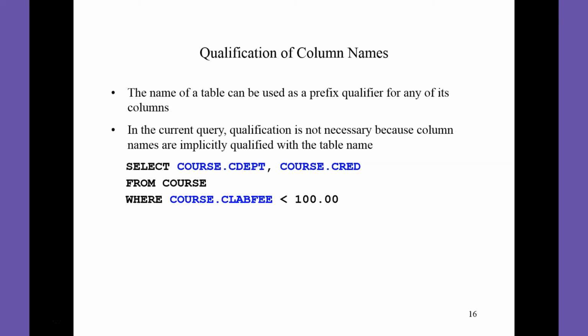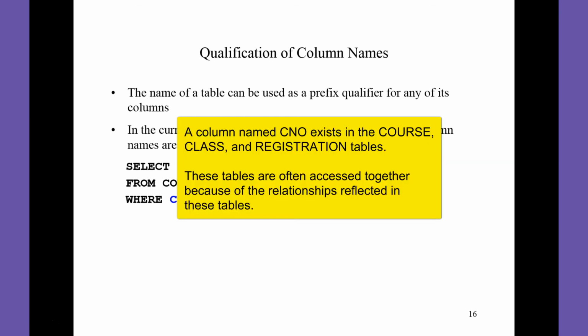But when we access multiple tables through a join or perhaps subquery type of operations, it will be necessary to qualify the column with the name of the table. This is because some column names are duplicated within other tables. If you look at the column names for the course table, the class table, and the registration table, you'll see all three of these tables have a column named CNO, course number.